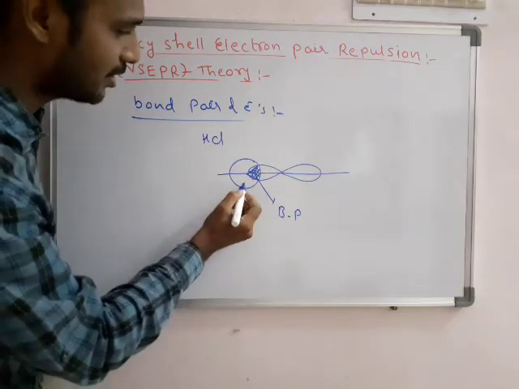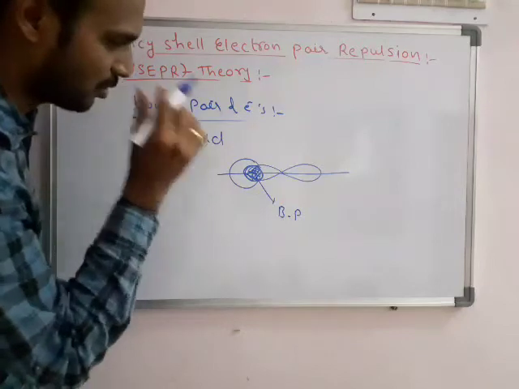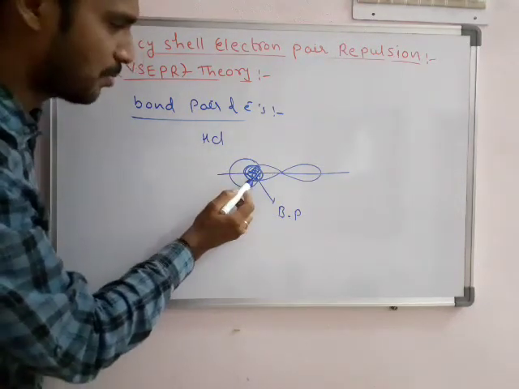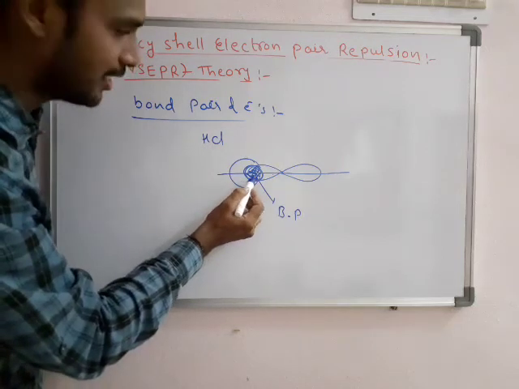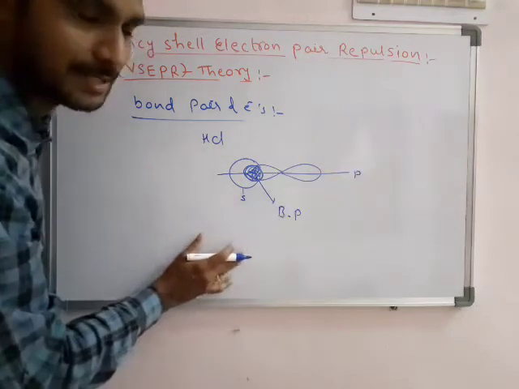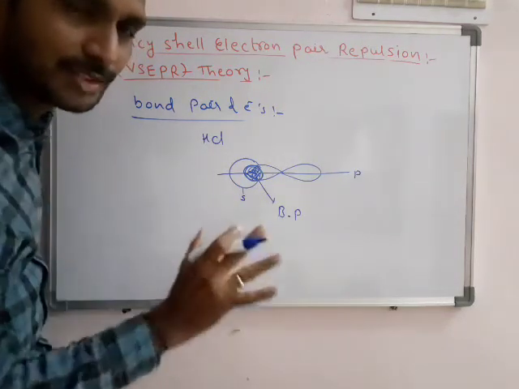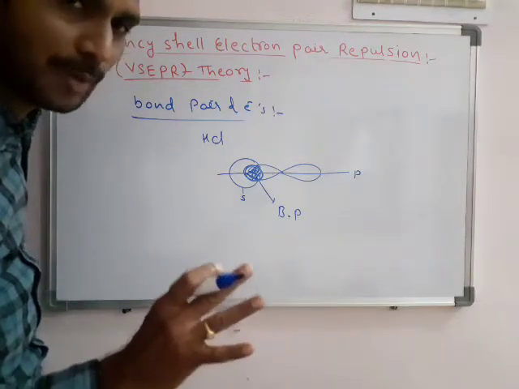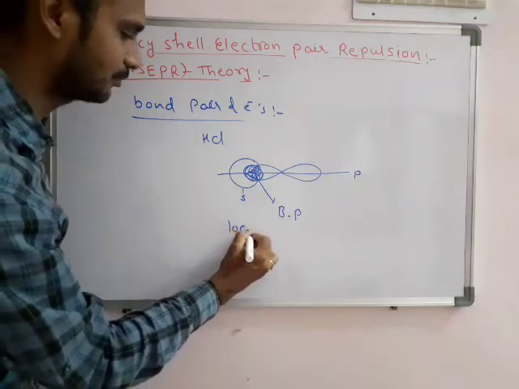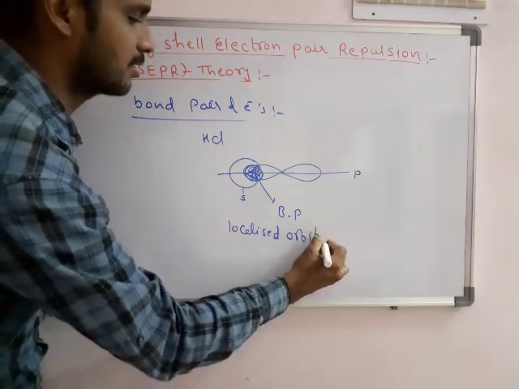The two orbitals involved in bond formation overlap in this part, where the s orbital is present and here the p orbital is present. The orbitals which are used for overlapping for bond formation are called localized orbitals.